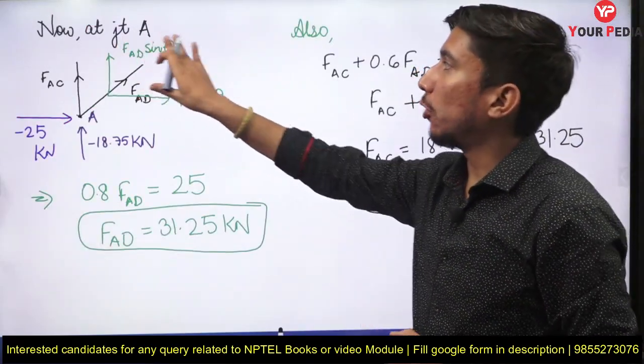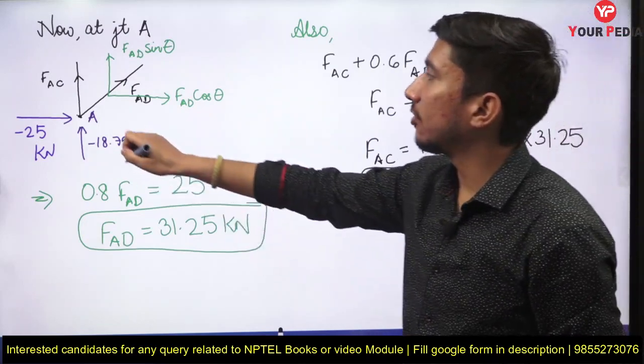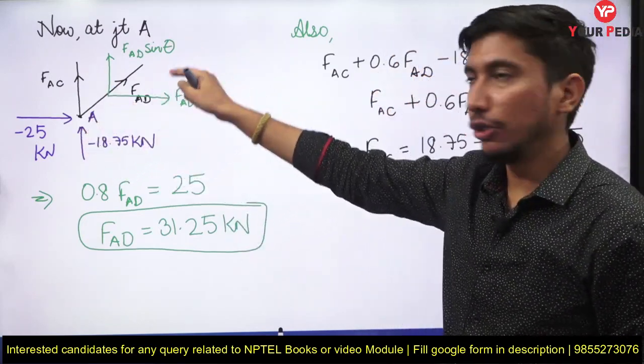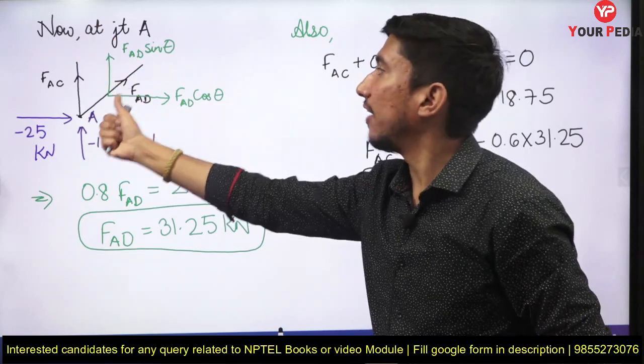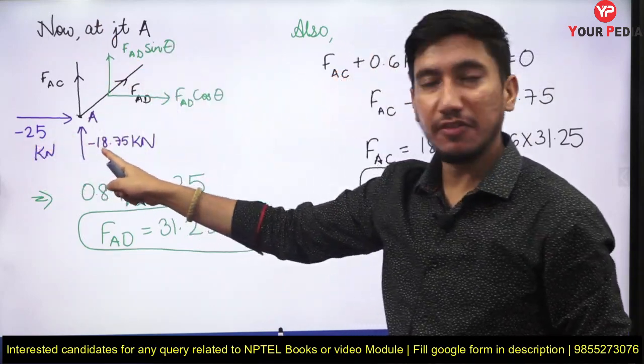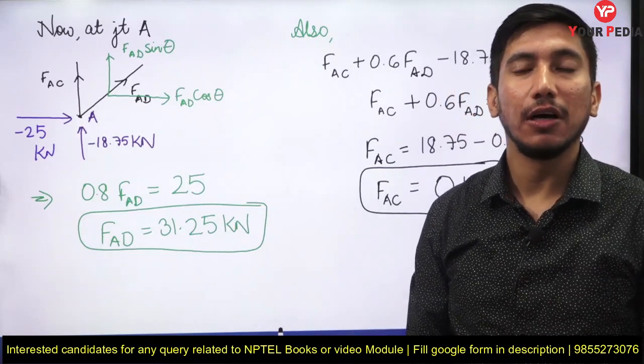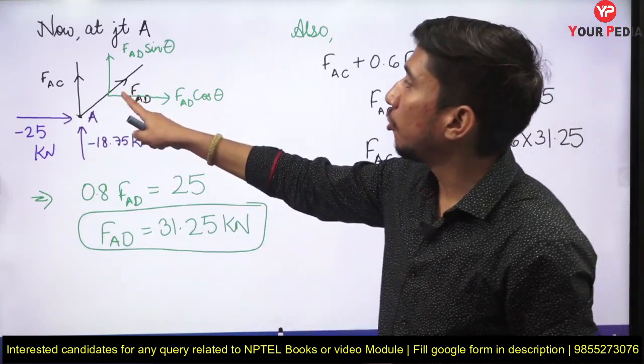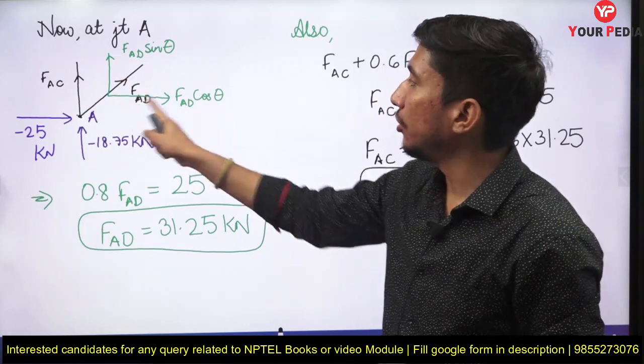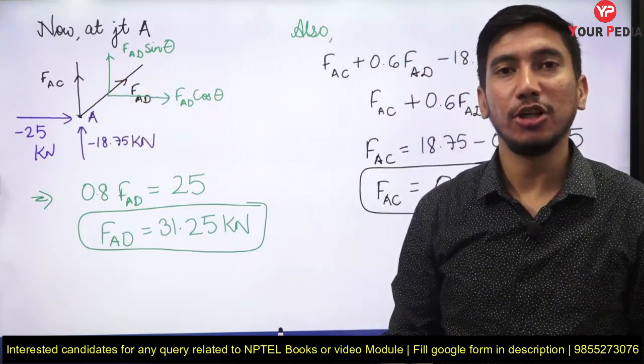For example, at joint A, I saw that these two members are there. FAC is there, FAD is this side, minus 25 kilonewton, HA is acting, minus 18.75 VA is acting, and I resolved this force into these two components, and then I again applied the equilibrium equation.